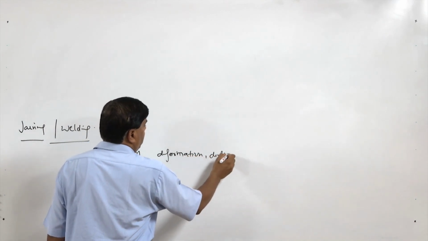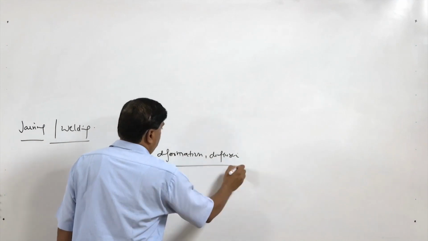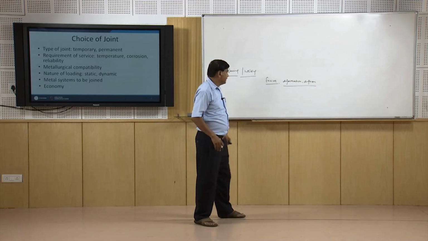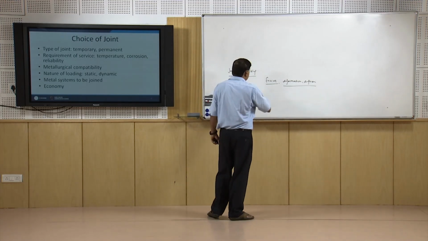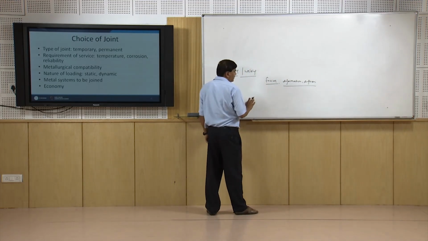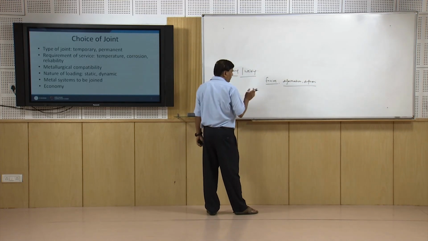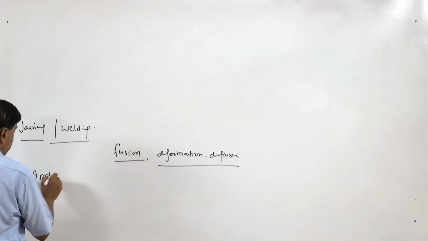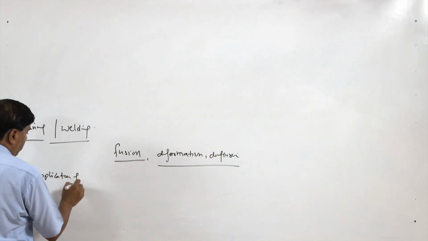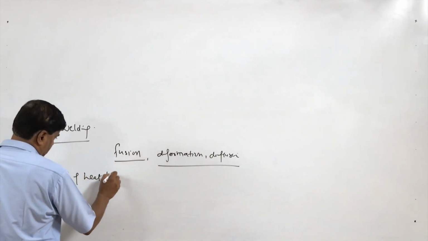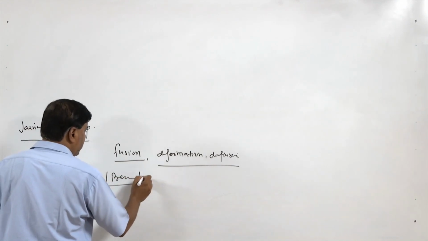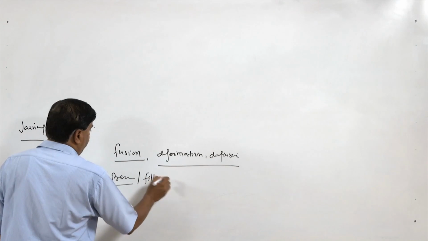These are the three broad mechanisms which are involved in the development of the joint. So, whenever fusion, localized deformation or diffusion is applied, these will use the application of heat or pressure, with or without use of filler metal.